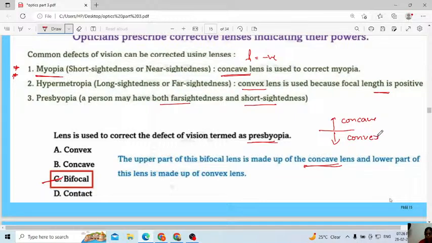Therefore, here you will get one focal length, and here you will get one more focal length. Focal length is nothing but the distance between the optical center and the focus.